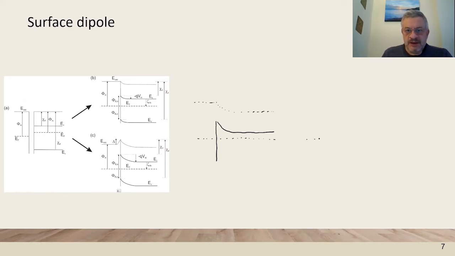But if there is a dipole layer formed at the interface, then the dipole layer is going to appear here, so that this height will be higher than before.